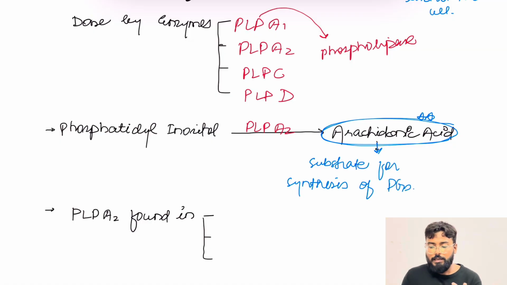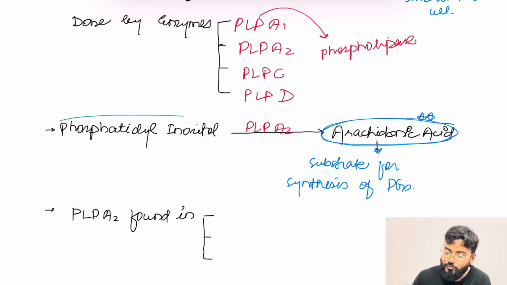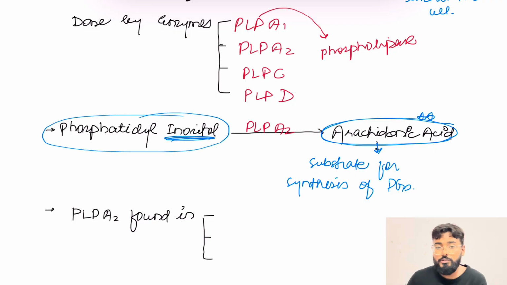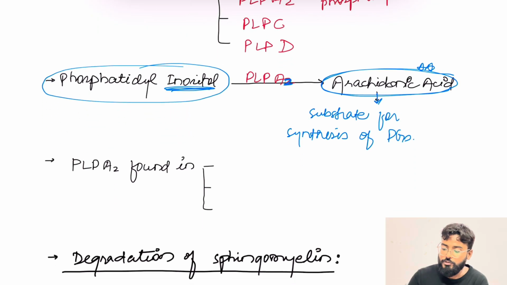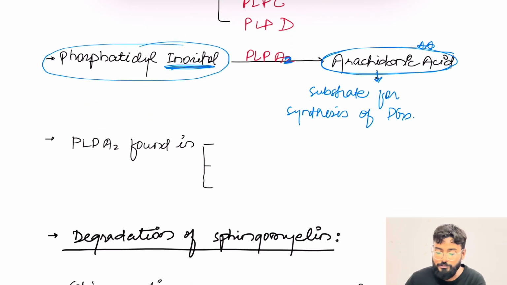In the previous lecture, we saw that arachidonic acid is the substrate for formation of certain prostaglandins, leukotrienes, and some cell mediators. So the substrate for formation of arachidonic acid is phosphatidyl inositol, which, whenever it is acted on by phospholipase A2, forms arachidonic acid, which is the substrate for synthesis of prostaglandins.